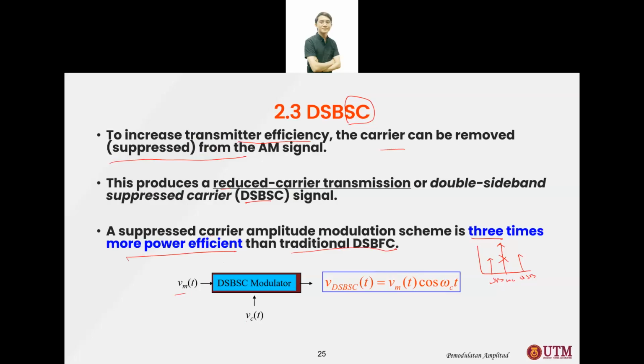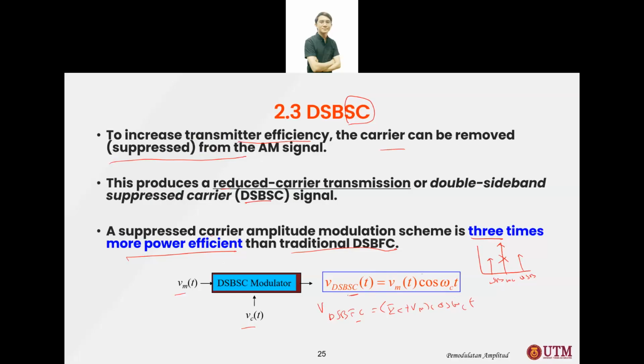So let's say V DSB-FC, as you understand, equals EC plus VM cos omega CT.